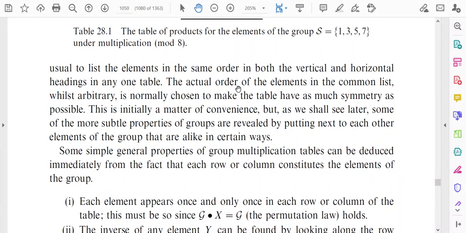And the actual order of the elements in the common list, whilst arbitrary, is normally chosen to make the table have as much symmetry as possible. So we have to arrange the elements so that there is as much symmetry as possible.